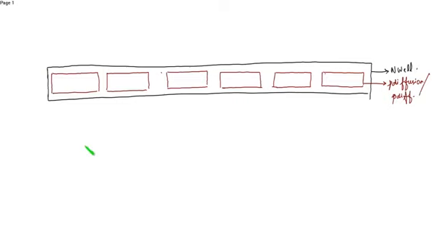After drawing the P diffusion layer, next you have to draw the N diffusion layer. There are 6 NMOS, so there will be 6 N diffusion layers. One. You have to make sure that the N diffusion layers are just along this.